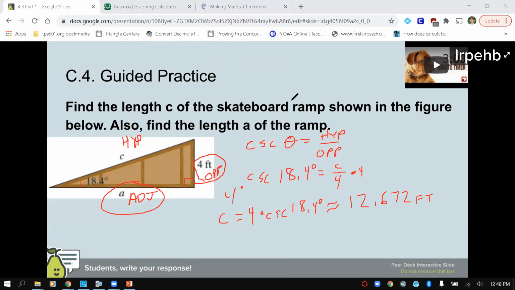So you would get the tangent of 18.4 is equal to the opposite side 4 over the adjacent side A. And again, to solve this for A, I would multiply both sides by A to get A times the tangent of 18.4 equals 4.